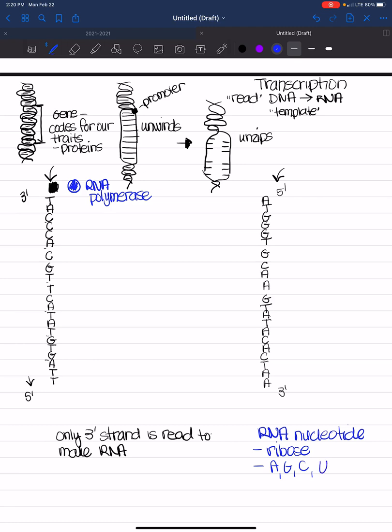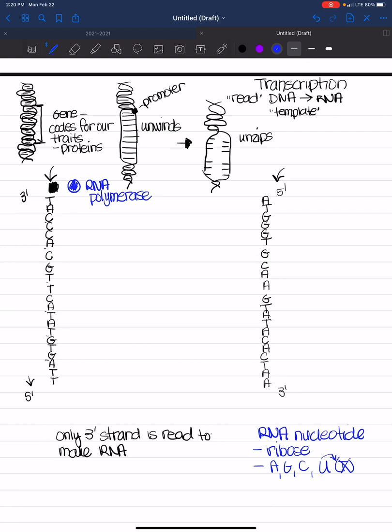Instead of thymine, it has uracil. So uracil replaces the thymine. So RNA nucleotides have ribose instead of deoxyribose, and we have U's instead of T's.